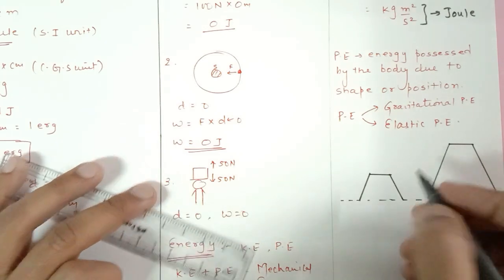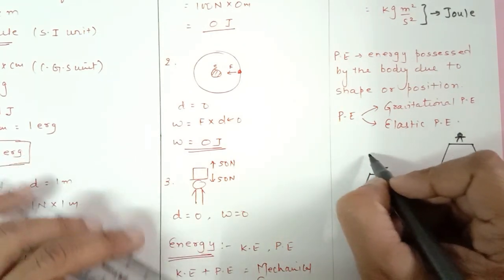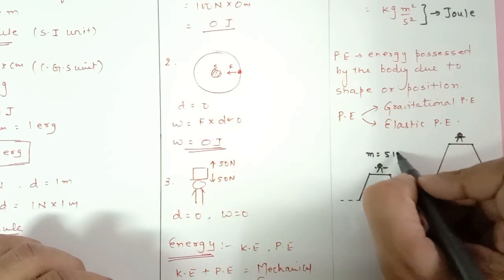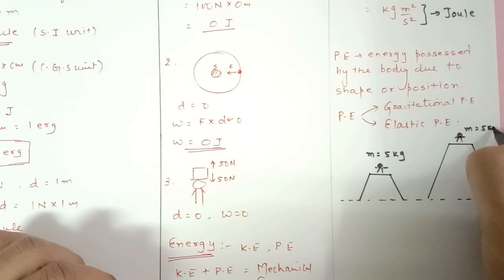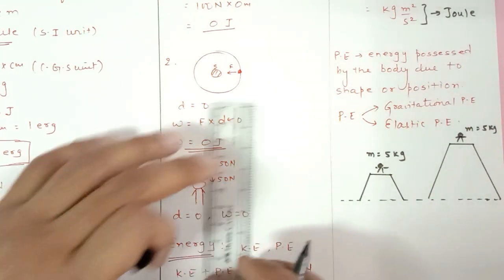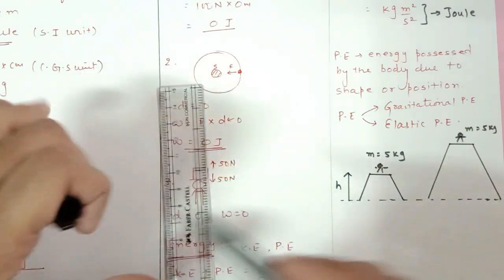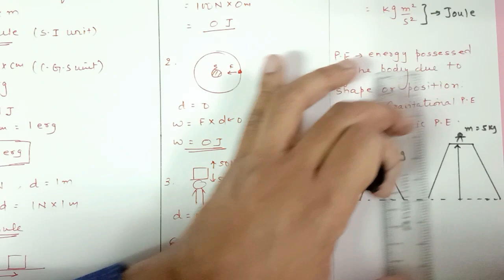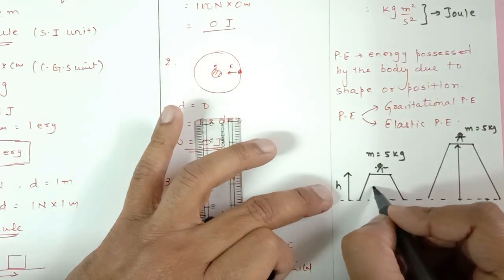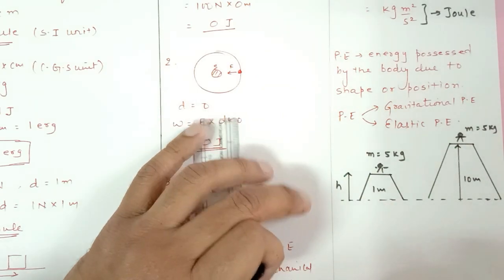Say the mass of these two persons is the same, that is m is equal to 5 kilogram. Now the height of this man above the ground, this is called h. Here in this case h is say 1 meter, here h is say 10 meter.